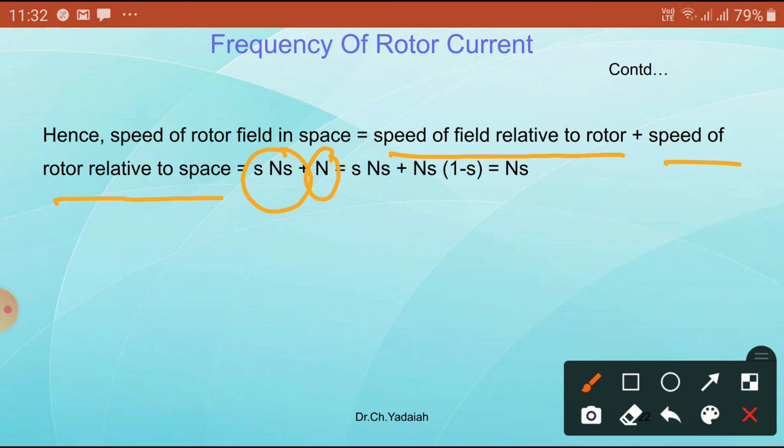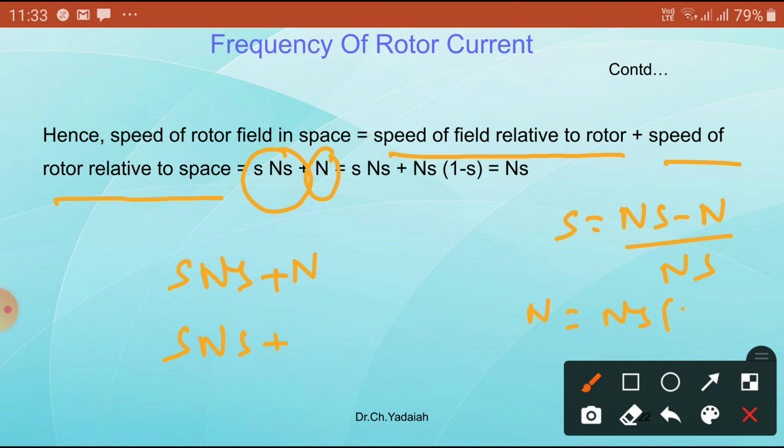So combined, what will happen? s into Ns plus N. In terms of synchronous speed, s into Ns plus N. We already know the formula: s is equal to Ns minus N by Ns, so N is equal to Ns into 1 minus s.